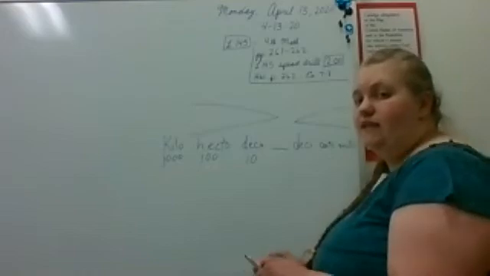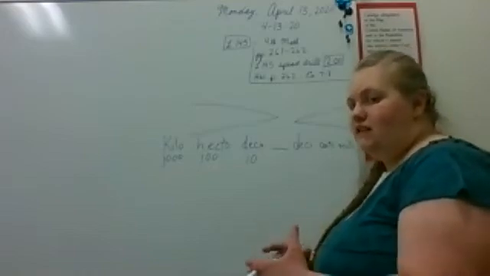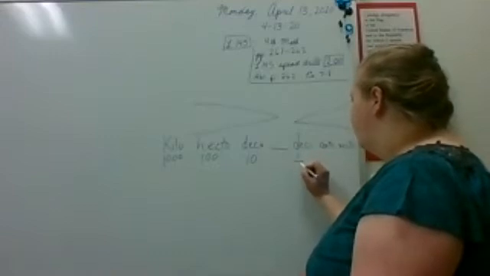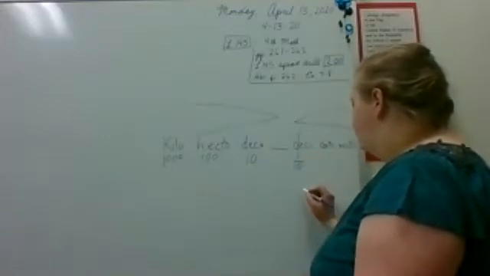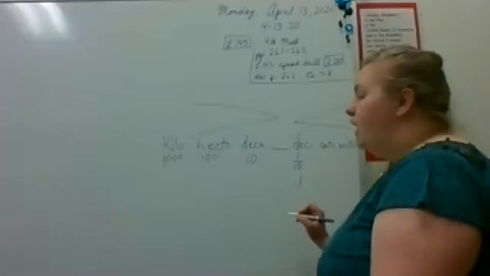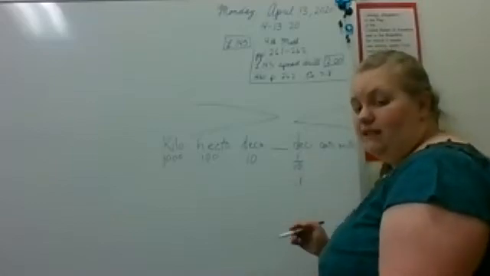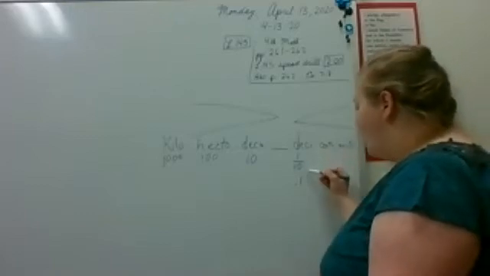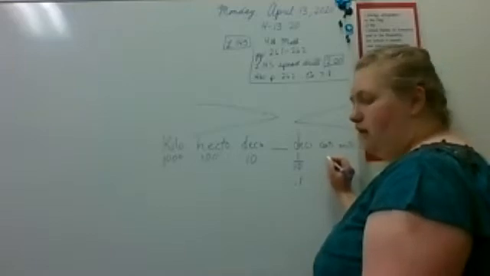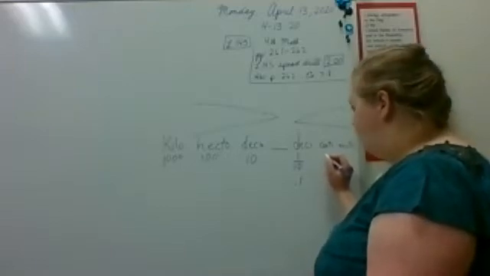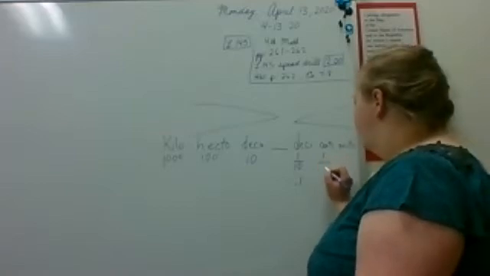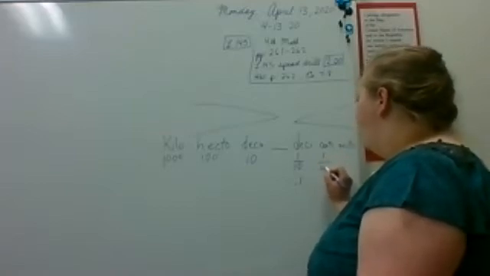This is where it gets tricky because these ones are whole numbers. These ones we can write as either a fraction or a decimal, okay? So we're going to go like this. We're gonna say it's 1/10 or it's 0.1, okay? Either one of those would be a correct answer. 1/10 or 0.1, okay? Centi, did anybody guess what we would put here? If we're making it a fraction, it would be 1/100.